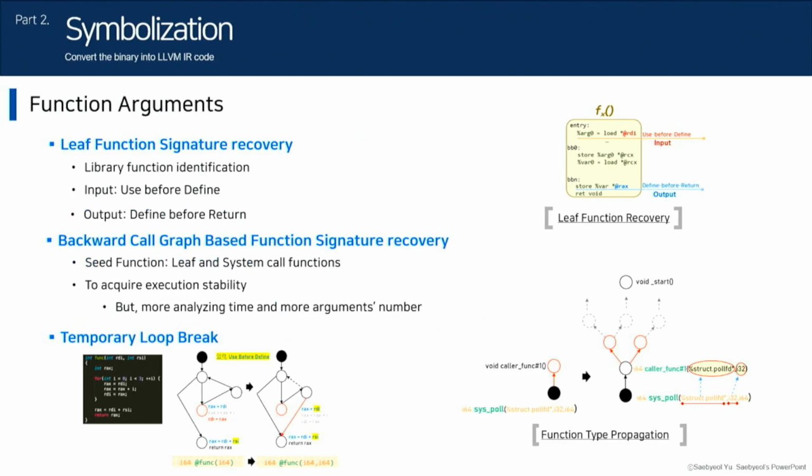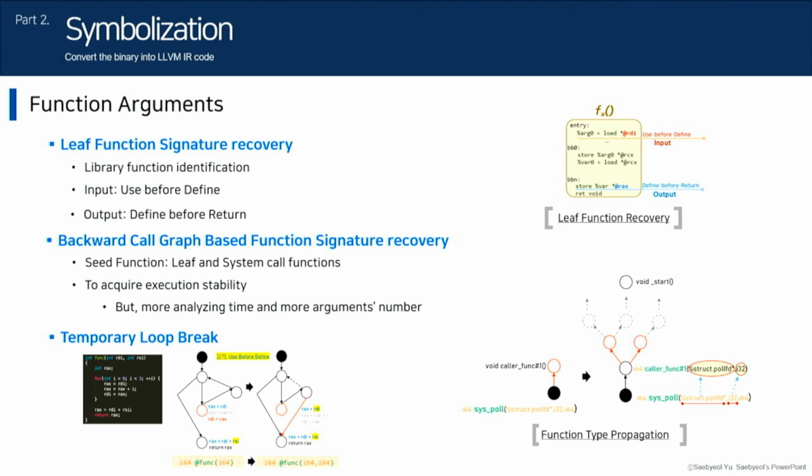For identifying function types, use-before-define and define-before-return strategies are normally used, and we follow these also as a starting point. In estimating the number of function input arguments, we take a conservative approach.